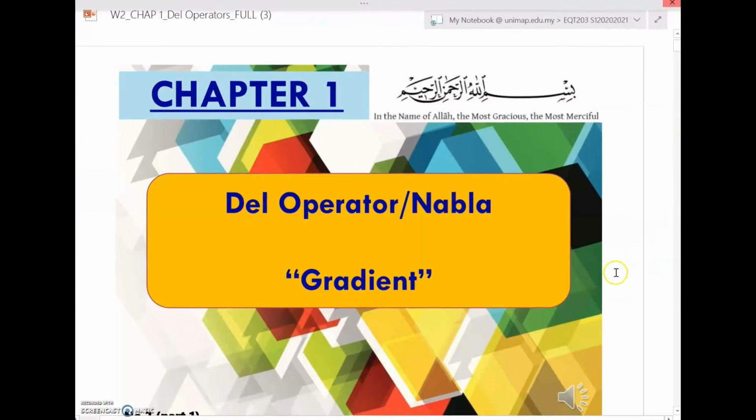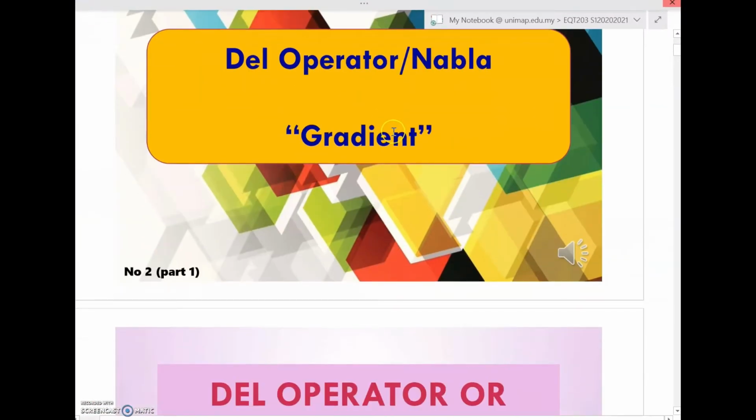So we proceed to know what the del operator or the nabla can do. The del operator can operate on a function. The del operator or the nabla can operate on a scalar or a vector function.